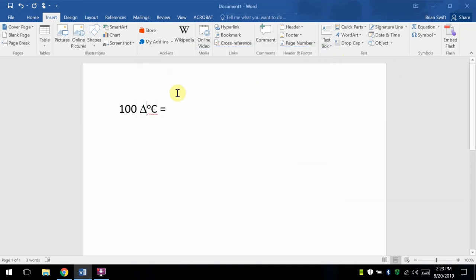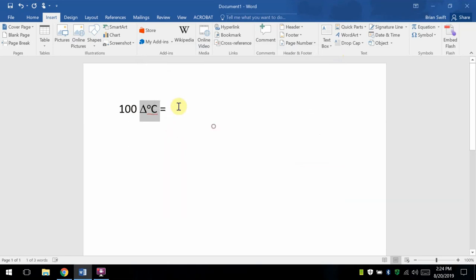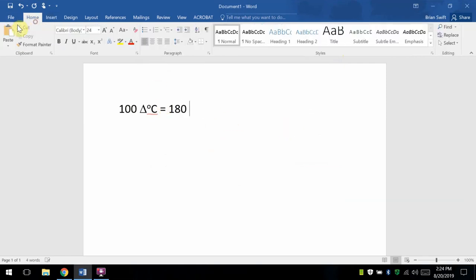Okay, so a change of degree C of 100 degrees is equal to a change of 180 degrees Fahrenheit. So that's the size of the degrees.